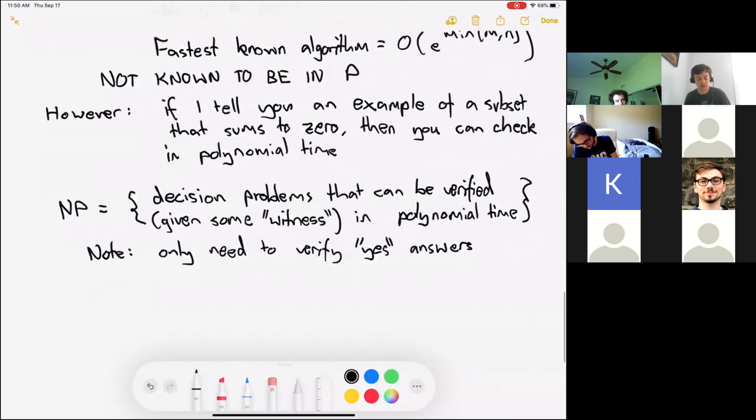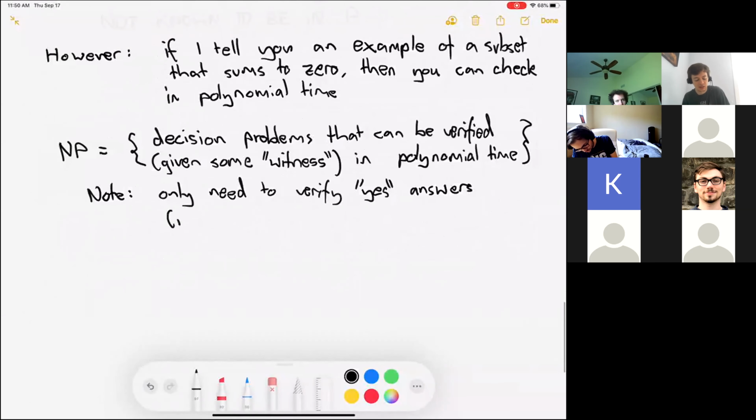Actually, there's a different complexity class, or thought to be different, they may be equal, it's not known, called coNP, that involves being able to verify no answers or find efficiently provable counterexamples. Verify no answers quickly.